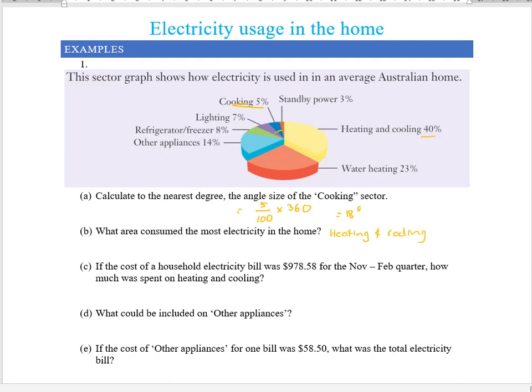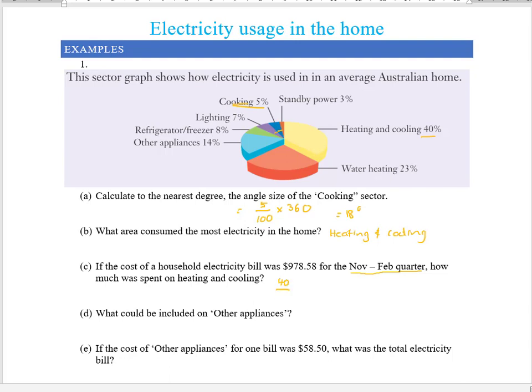If the cost of household electricity was $978.58 for the November to February quarter, how much was spent on heating and cooling? Now, electricity, you may or may not know, is always measured in quarterly bills. Well, we know it's 40% of the bill.